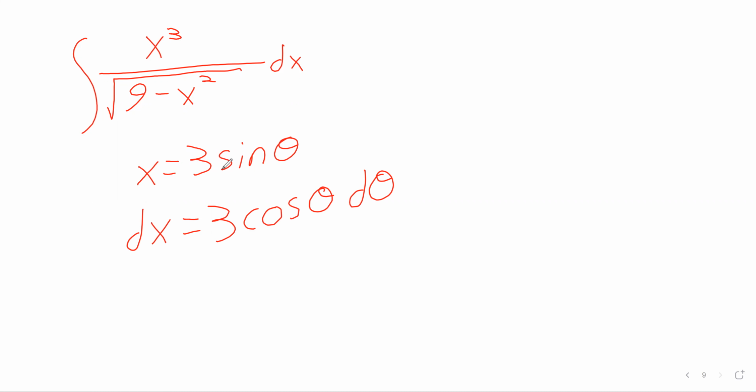And I guess the nicest thing I can say about this substitution is that there are lots of just kind of plug and play elements here.